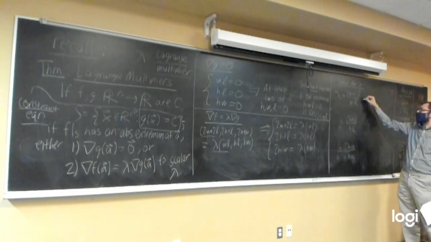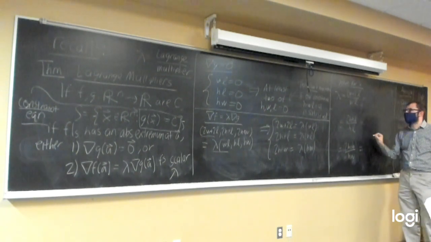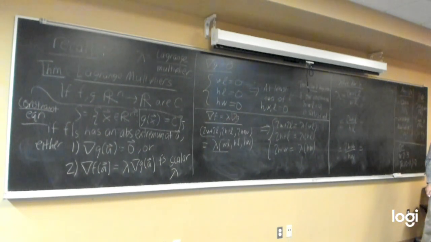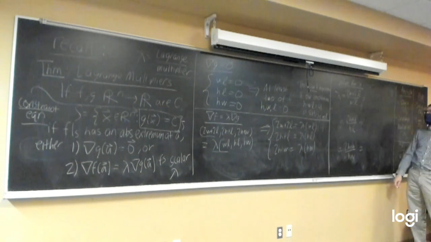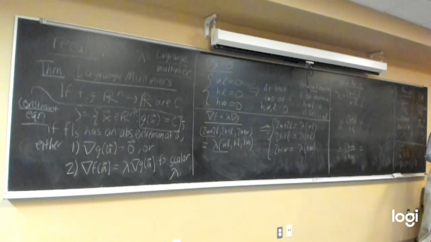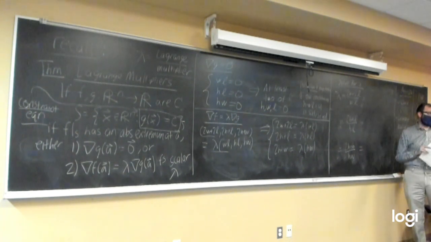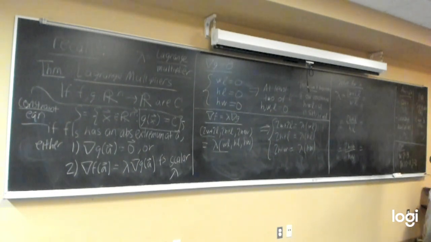And it turns out if we rewrite these a little bit nicer, we can actually rewrite these in a way that's going to make it a little bit easier to find relationships between h, w, and l respectively.